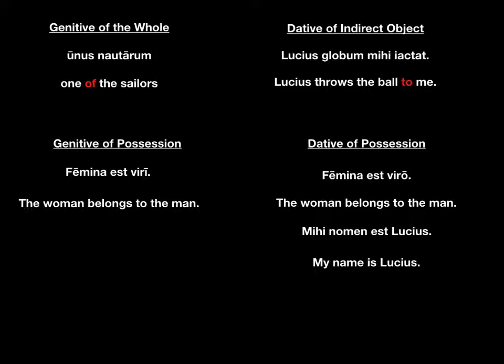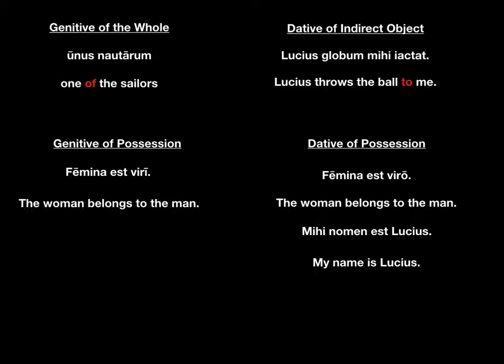Now let's talk about the other ways to use the dative. The dative, just like the genitive and the accusative, is not just going to fill this one role in the meaning of a Latin sentence. The way that you conceive of how a dative is translated is often enough very similar to the translation of the genitive.